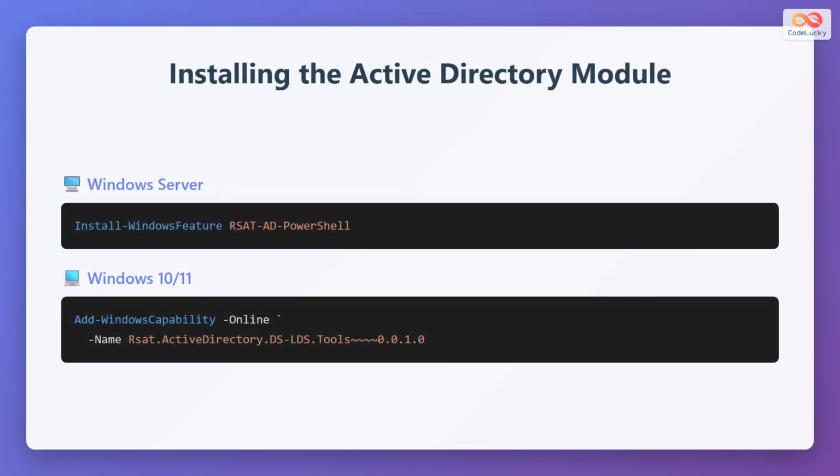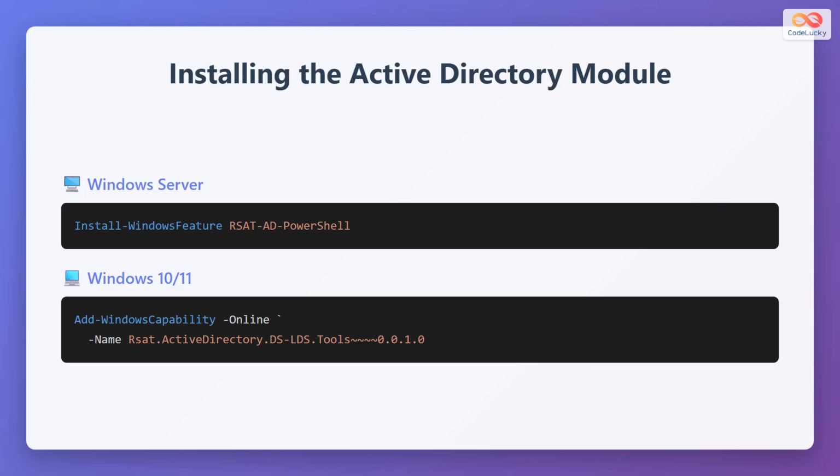Before you can use the Active Directory module, you need to install it. The installation method depends on your operating system. On Windows Server, you use the Install-WindowsFeature cmdlet with the parameter RSAT-AD-PowerShell. This installs the Remote Server Administration Tools for Active Directory.